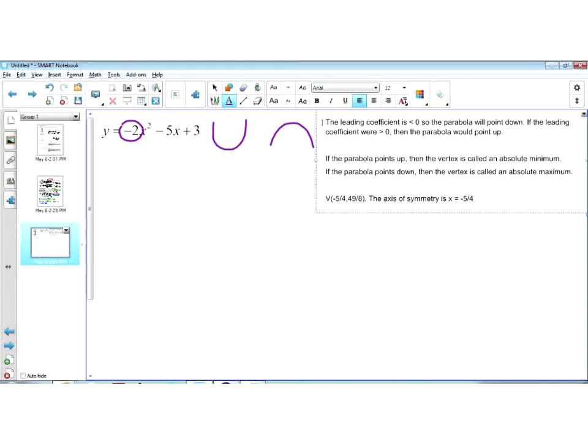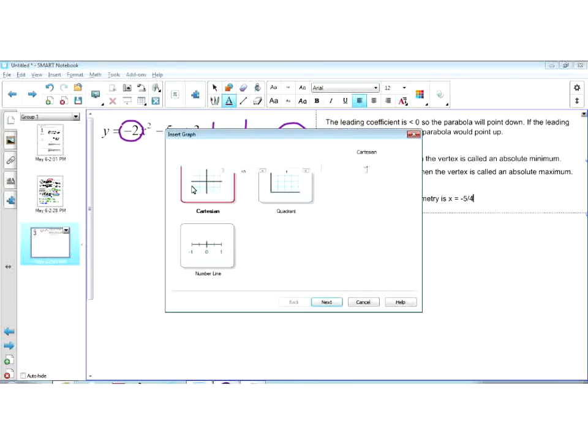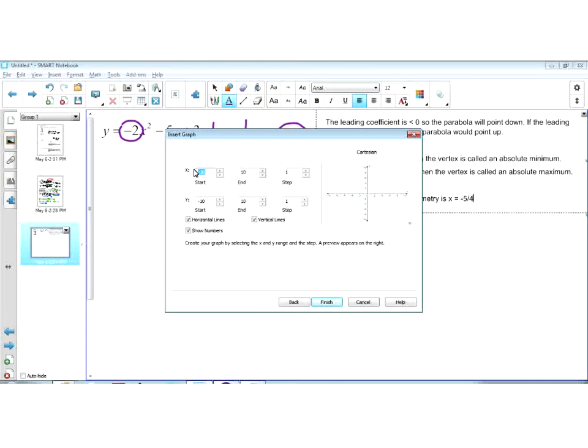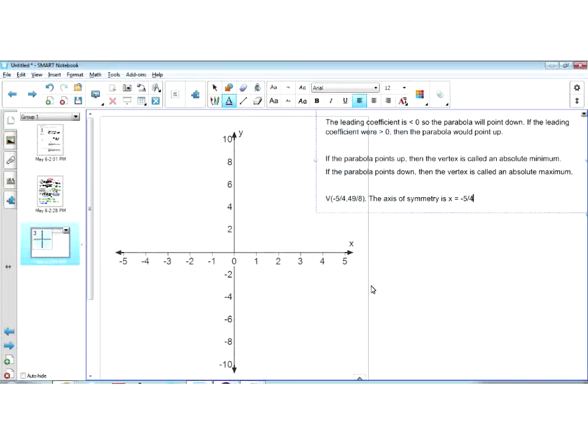So we have enough information to draw the picture of this parabola, so let's give it a go. We want to start, say, from -5 to 5. Let's see if we can draw the parabola on this grid. So what do we have?